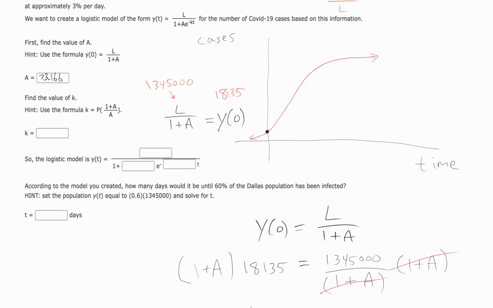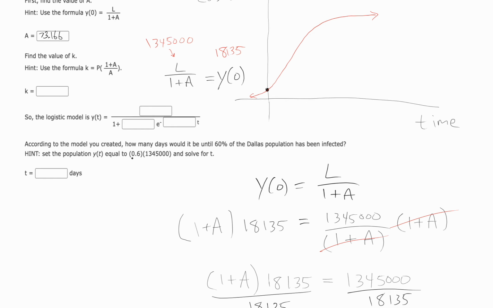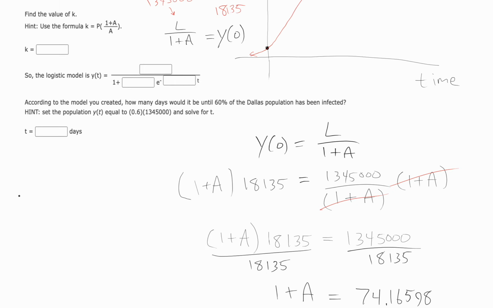Now they want the value of K. So when we're plugging in for K, we have to use this formula: P times 1 plus A over A. So P is the percent growth at the start of the clock.